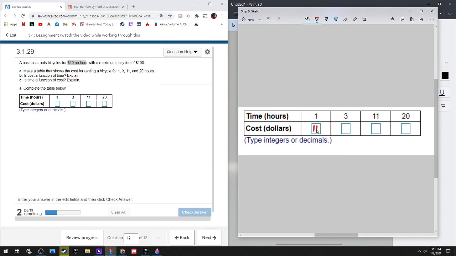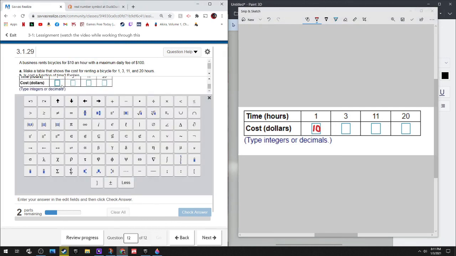Is it really this easy? So at 1 hour it's 10. At 3 hours it's 30. You just multiply them all by 10. Oh wait, it's not 11 times 10 here. It's not $110 because it says a maximum daily fee of $100. It's actually just $100 here. And then at 20 hours, still $100.